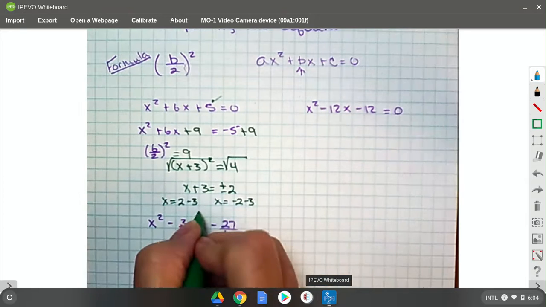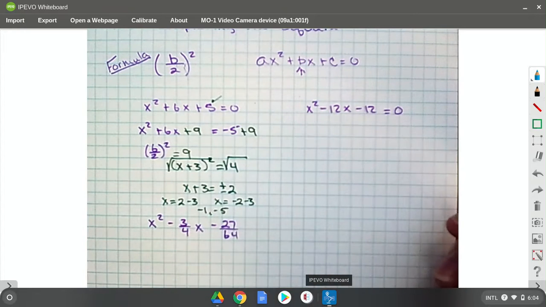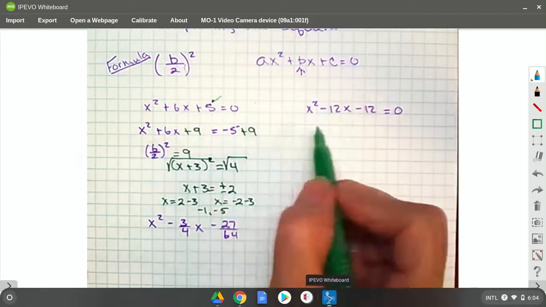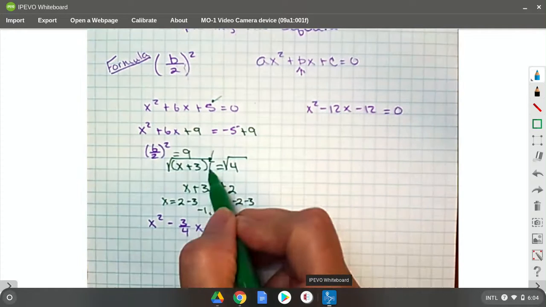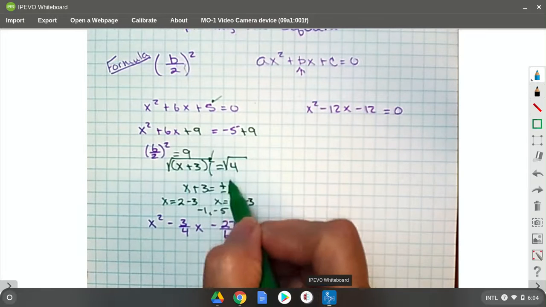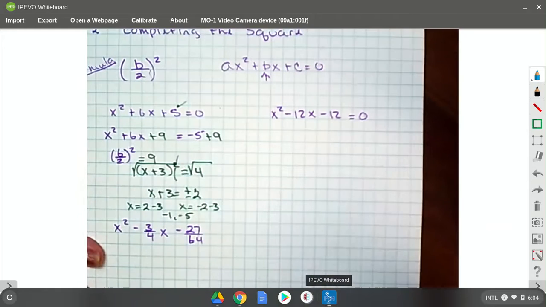So my solution set is negative 1 and negative 5, right? Okay, change it to a trinomial square, factor it down, and solve with your square root method. Try this problem before you watch me do it. See if you can come up with your trinomial square.